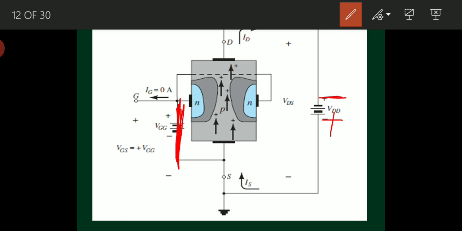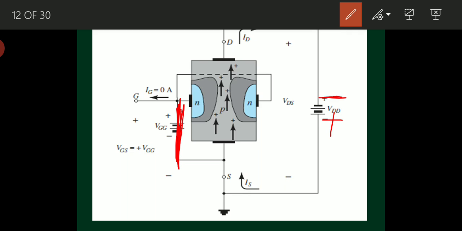Since the FET has high input impedance, the input current, that is the gate current, will always be 0 or very small, nearly equal to 0.